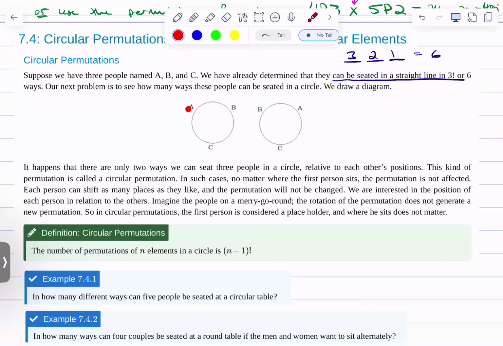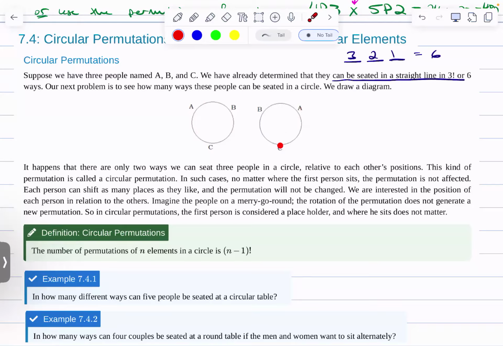If we start with A here, then I can move to B, and then I can move to C, and then I'm back at A. Or if I start with A, it doesn't matter which slot, then B is already used, so that eliminates that option.